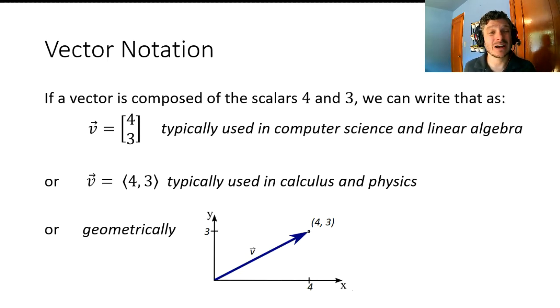All of these are still describing the same exact data structure. It's just different ways to think about them, different contexts that we can use them, which is really what math is. Math is really how do we represent the same idea in different contexts. And they all have their individual uses. But like I said, typically we're just doing things with computer science and linear algebra.